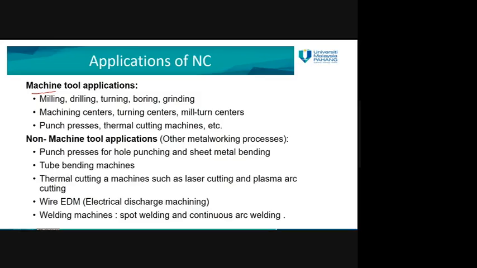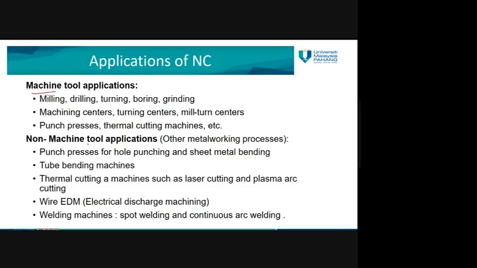So you can have, for example, turning centers and mill-turn centers, which combine two processes or two types of machines on the same machine. So one machine can perform two tasks, or three or four tasks in sequence. Okay. Then punch processes like thermal cutting machines and so on. So this is the part related to machine applications.